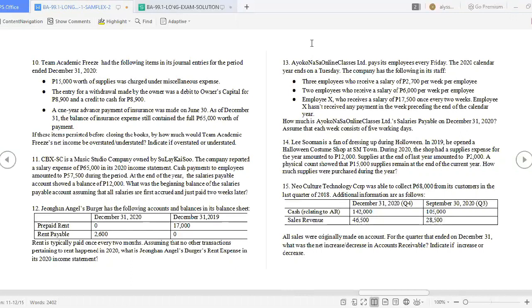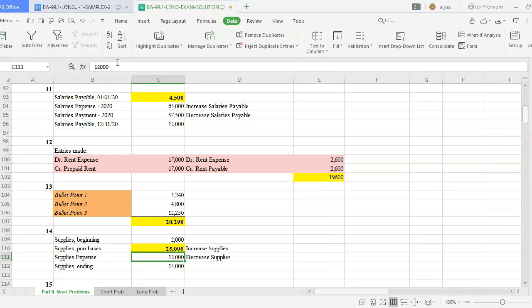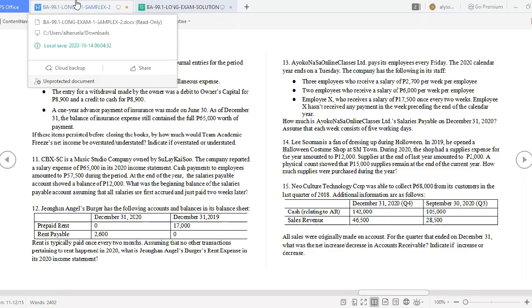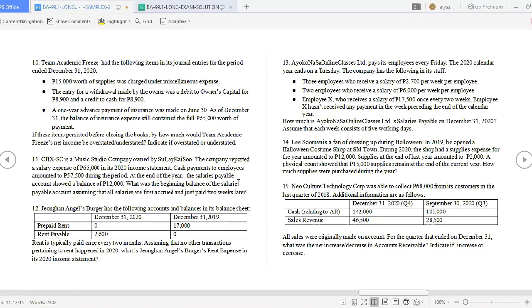So let's plot this. So number 15. We were asked for the net increase or decrease. So looking at sales revenue, looking at the accounts receivable, we look into what increases accounts receivable, that's sales revenue, and what decreases accounts receivable is the collection.